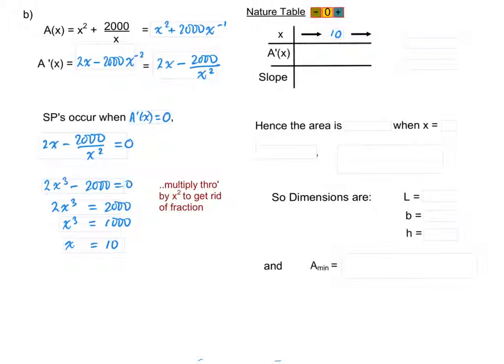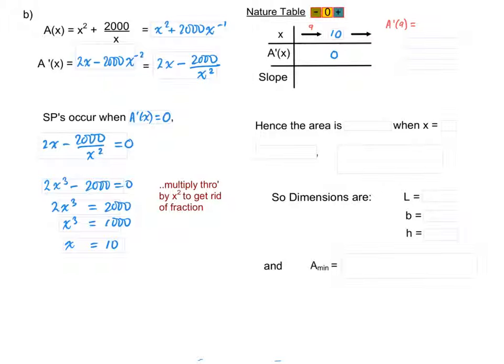So when we put 10 into it, we know that the derivative comes to 0, but we need to consider what happens with something slightly smaller than 10, so maybe 9 for example. So we're going to evaluate what that comes to.